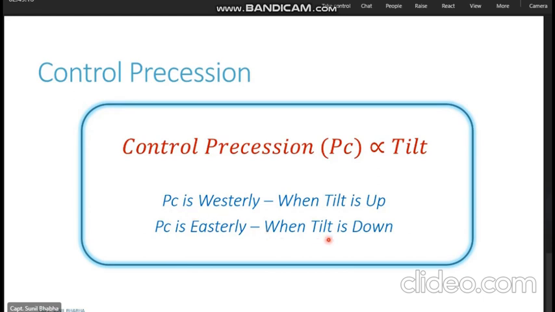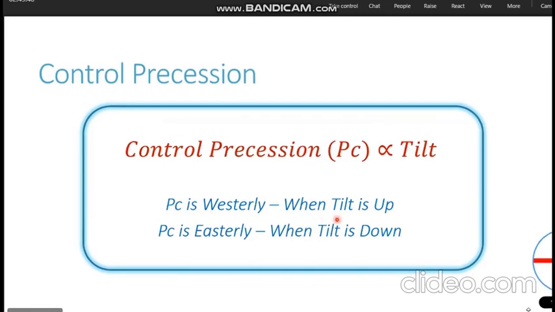Now whenever the spin axis is tilted down, though we have not seen it till now, the control precession which will be generated at the north end of the spin axis will be easterly. So whenever we refer to the direction of the precession, it is always of the north end, as we are interested in the north end of the spin axis. We are not interested in the south end of the spin axis.